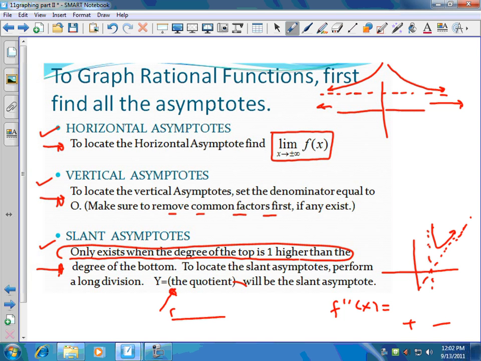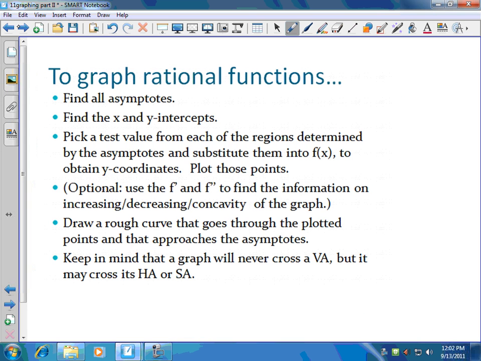Like I'm going to give you a sign chart for f prime, a sign chart for f double prime, and from there I'm going to ask you to graph. In those types of questions, you still have to use the ideas of derivatives. Typically we're going to get the asymptotes, we might plot a few extra points, and then we're going to check the answer on the calculator and create some kind of a graph. So this is, again, a decreased attention section. We're covering it lightly just to get an overall understanding of what's happening with rational functions.